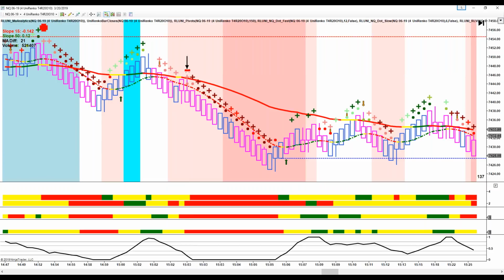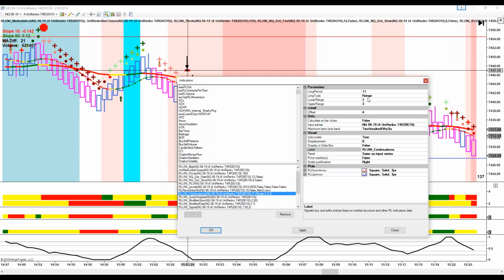What this is, is a multi-time frame assessment, I'll open it up for you, of a range chart. It's looking for an alignment on 2 time frames of range to align on a Uni-Renko. Range and Uni-Renko have a lot in common. The only thing that determines when a new candle is formed is price. There's no time component or tick component.